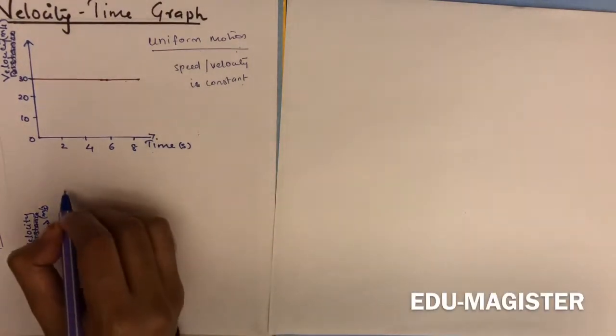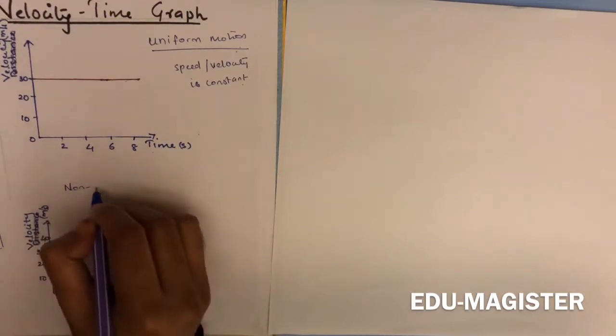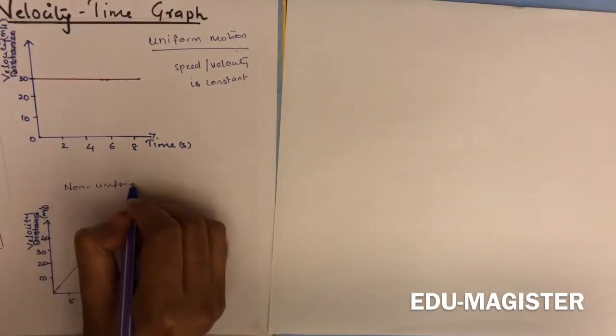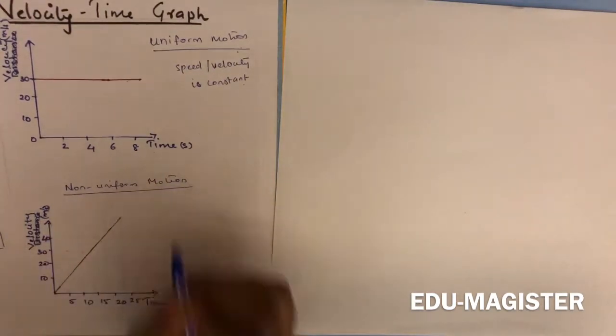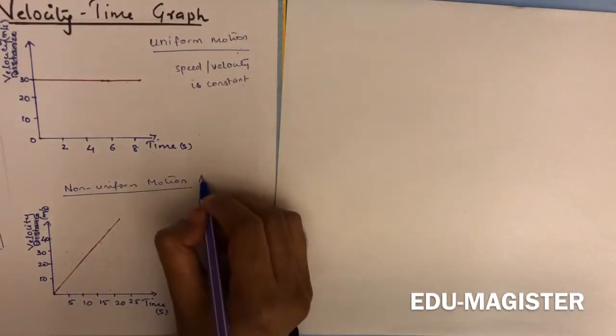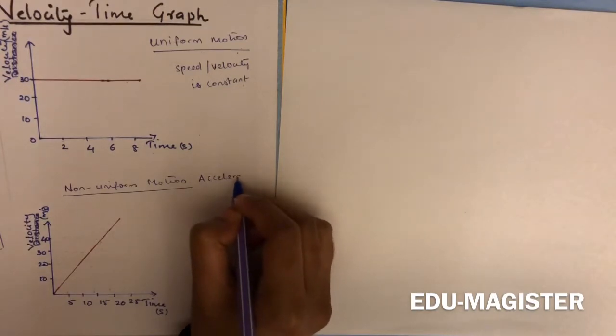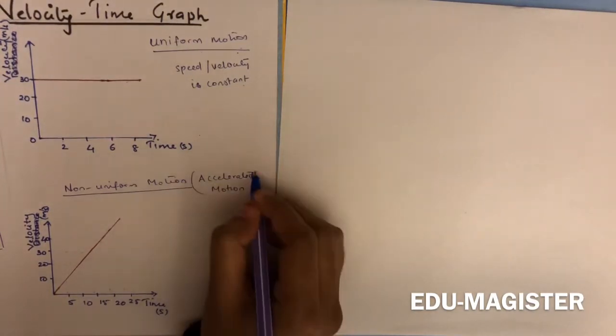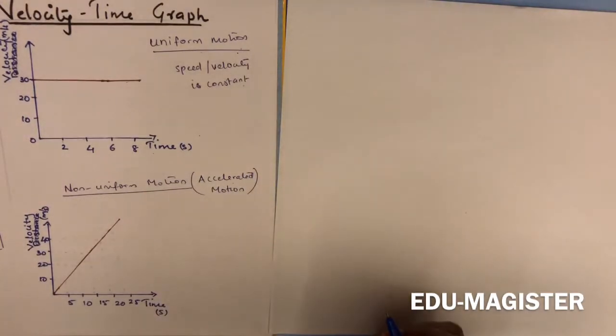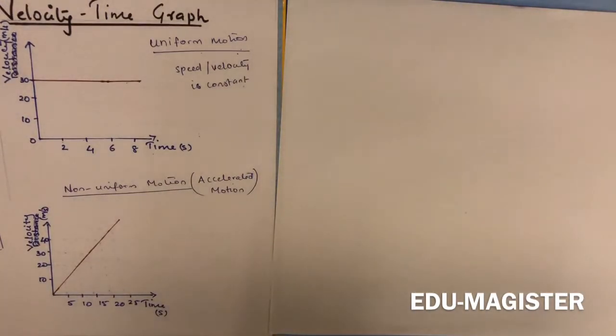But in the case of a non-uniform motion, or I can say accelerated motion, right? Because the object is accelerating. That is why we say the motion is non-uniform.